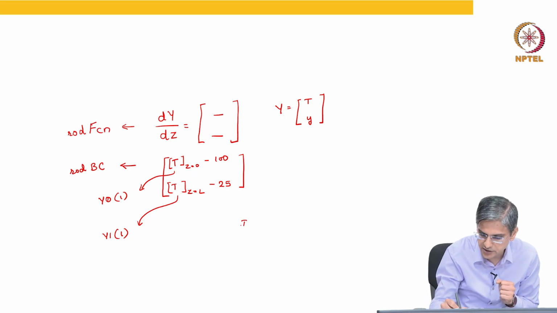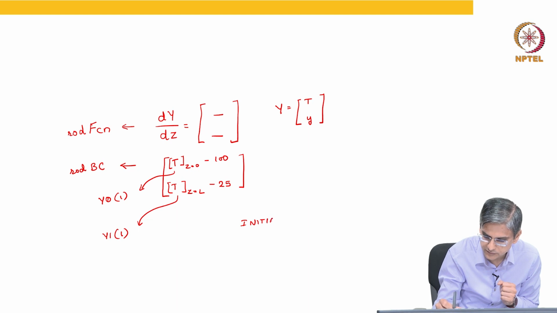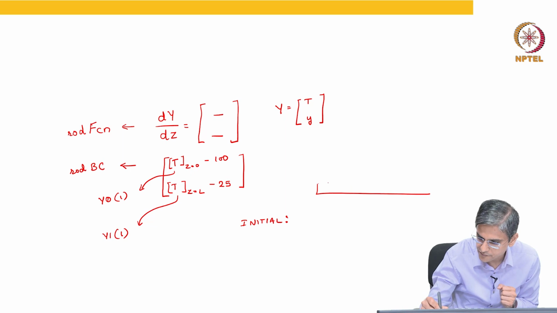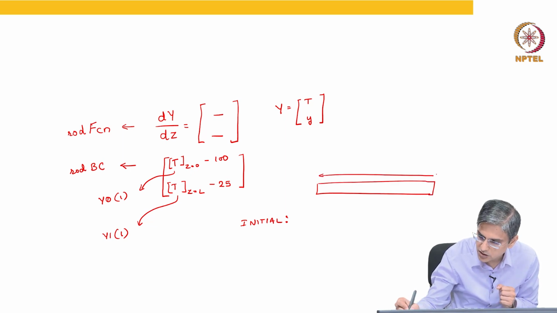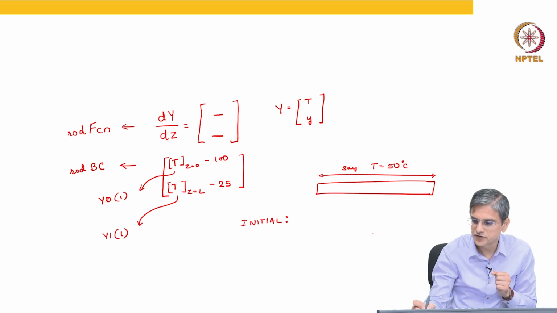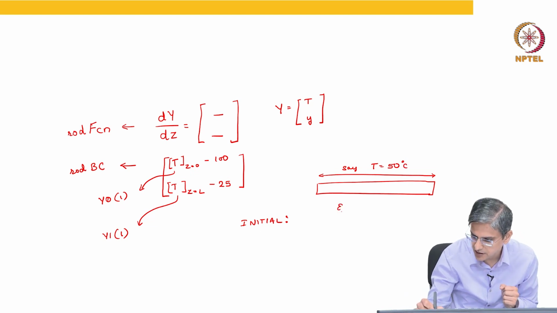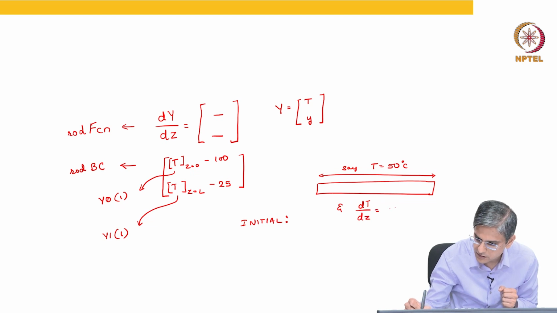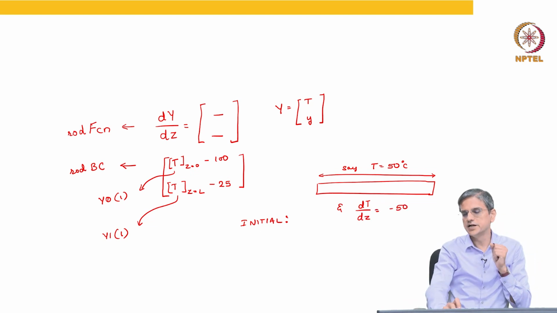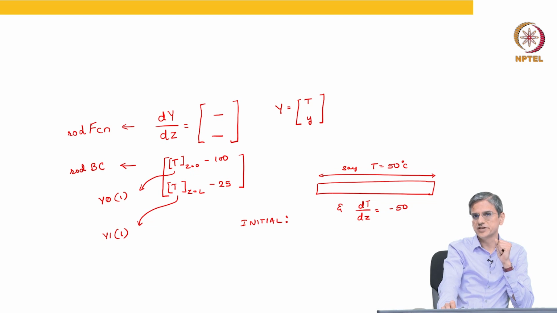Our initial conditions, we say that throughout this rod, let us say T was 50 degrees Celsius and dT by dz was minus 50. Okay.